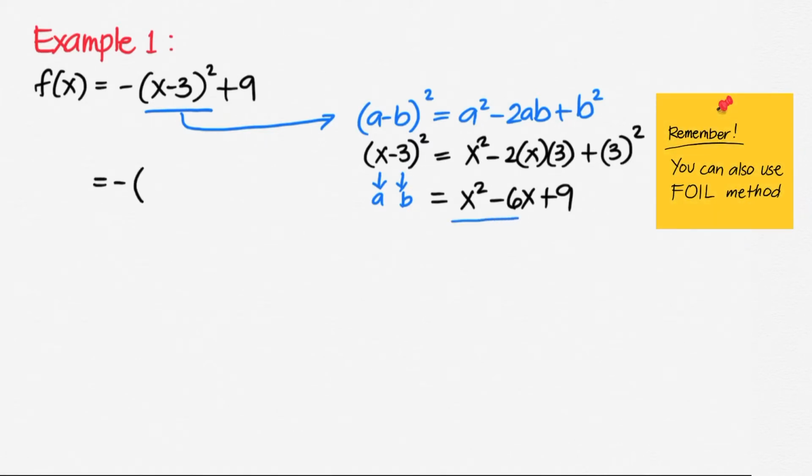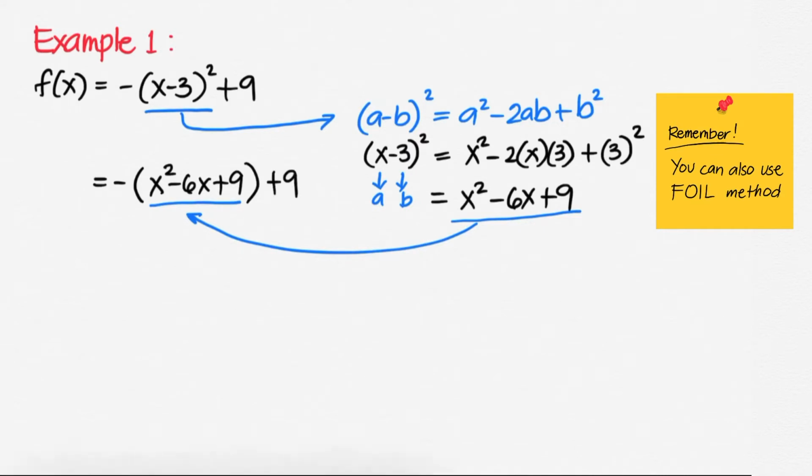Then let's substitute, copy negative, then x squared minus 6x plus 9. Then with distributive property of multiplication, negative times x squared is negative x squared. Negative times negative 6x is positive 6x. Negative times positive 9 is negative 9 plus 9.